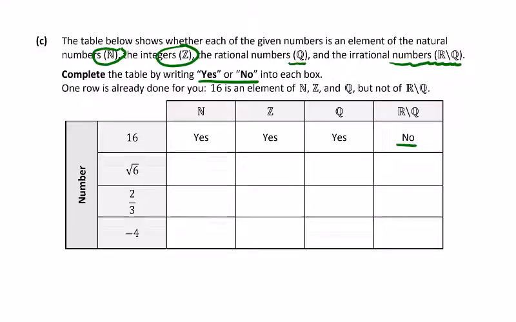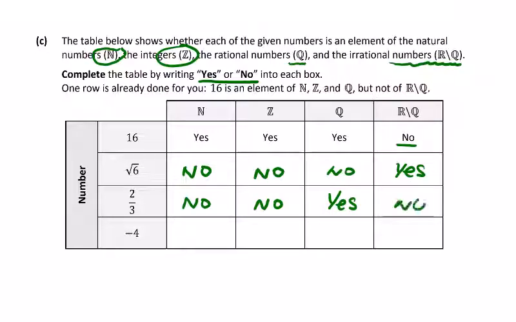So let's start with the obvious one. Root 6 is not a natural number or an integer. It can't be written as a fraction. It's one of these irrational numbers. So it's no, yes. 2 over 3 is not a natural number. It's not an integer. It can be written as a fraction.